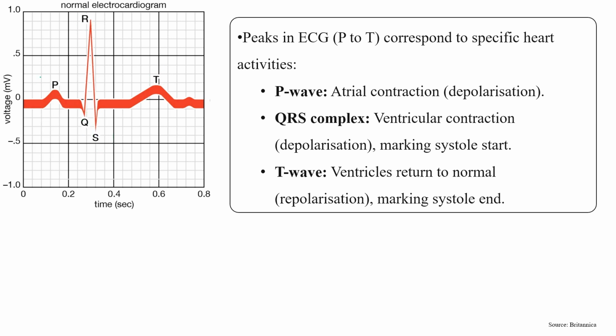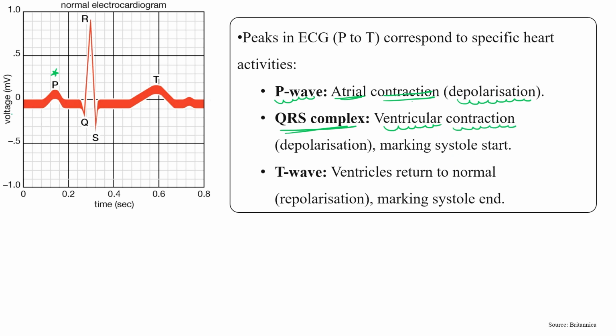Like this, the P wave indicates atrial contraction. Atrial contraction means depolarization, the first step. And this QRS complex denotes ventricular contraction or ventricular depolarization.